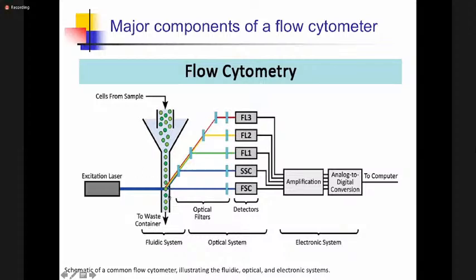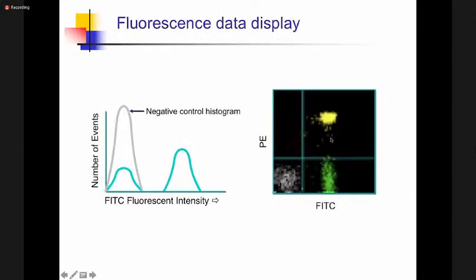At some point there is excitation of these cells at different wavelengths, and this is how the optical system enables you to detect these cells. Then the electronic system amplifies that signal and channels it to a computer for further interpretation. This is how you will interpret the signals of the cells which were subjected to that laser challenge.